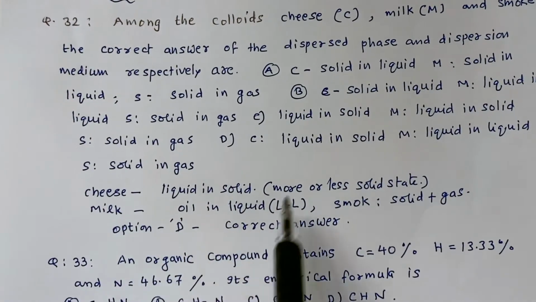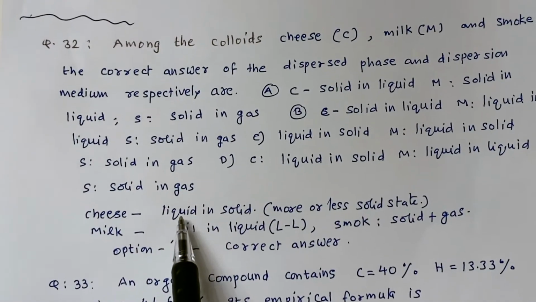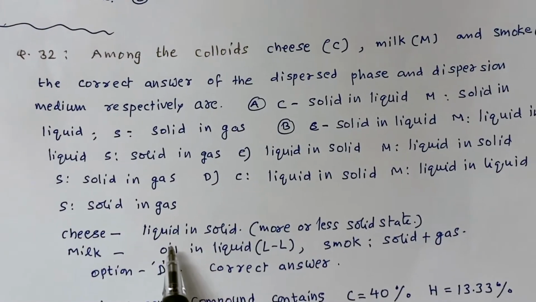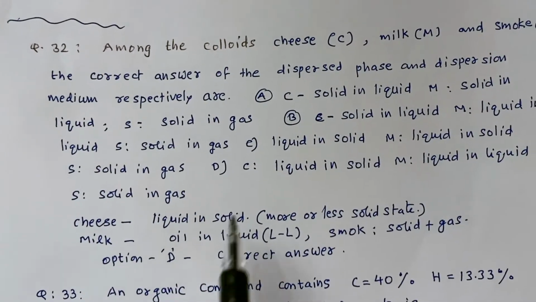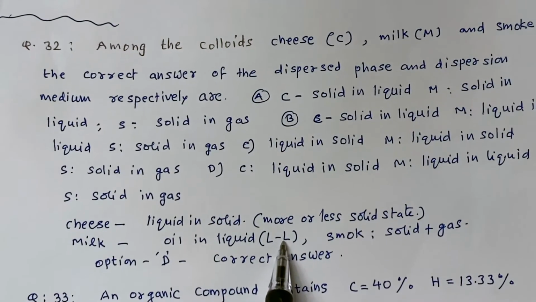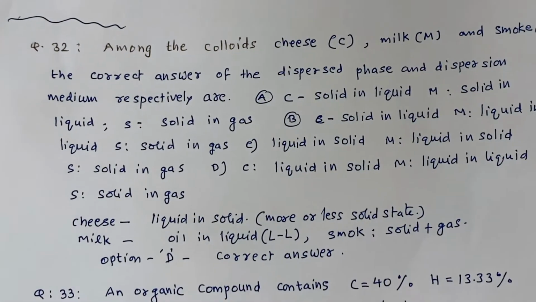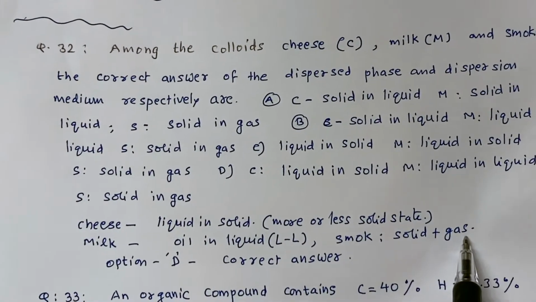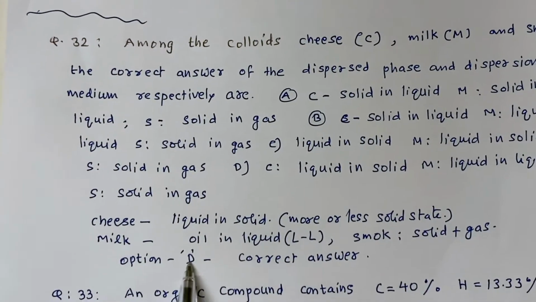Our cheese is more or less like a solid state only, so the liquid will be less and solid will be more. In milk it is oil in liquid, so that is liquid in liquid sol, and smoke is solid in gas. This is very clear, solid in gas, and option D is the correct answer.